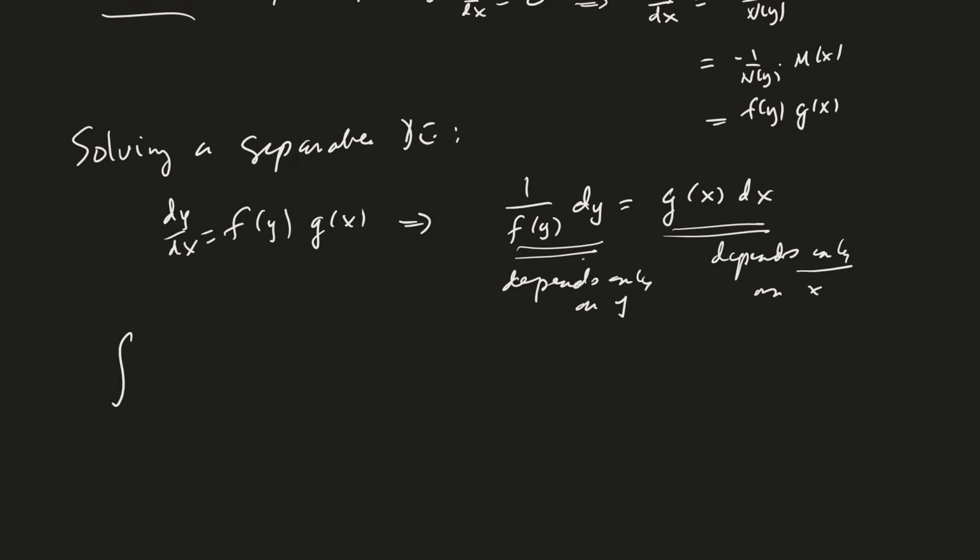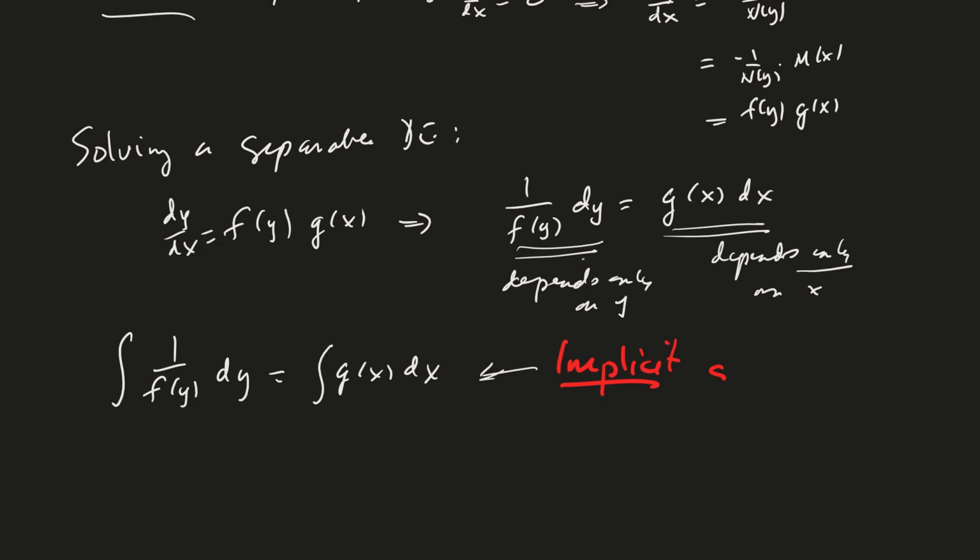So then we integrate 1 over f of y dy, and we integrate the other side. And that's it. Now I should say this solution is an implicit solution, implicit meaning that y is not explicitly solved for.